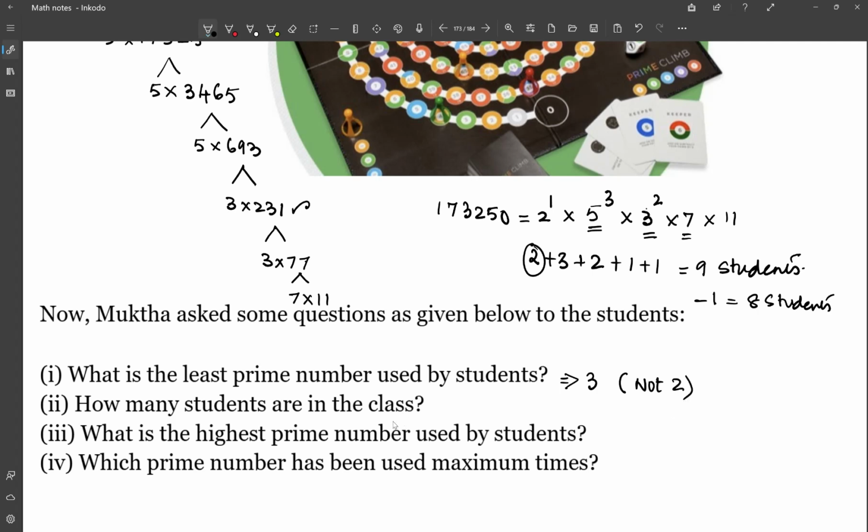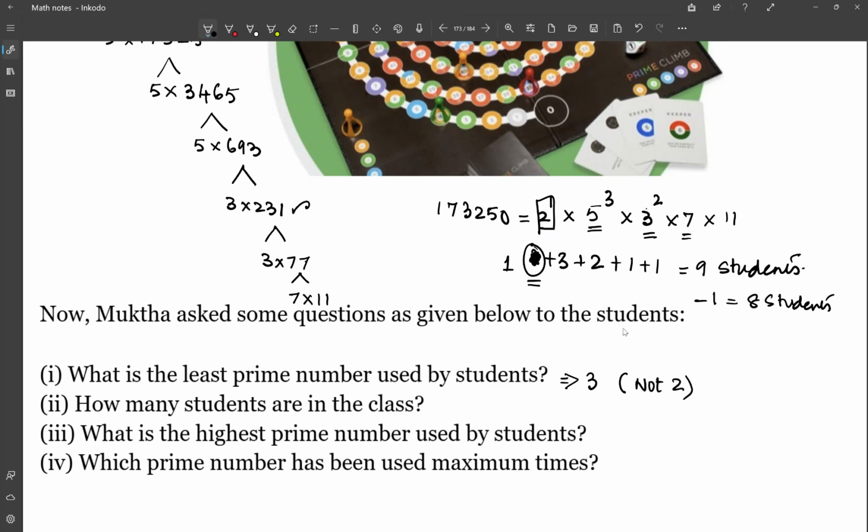How many students are there in the class? This is again a tricky question because if you count all the factors, you will get 9. But remember, 2 was announced by the teacher, which means you have to exclude 2. There is one 2 here. So maybe I should not count this as 2 because 2 appears just once. So I should count this as 1.